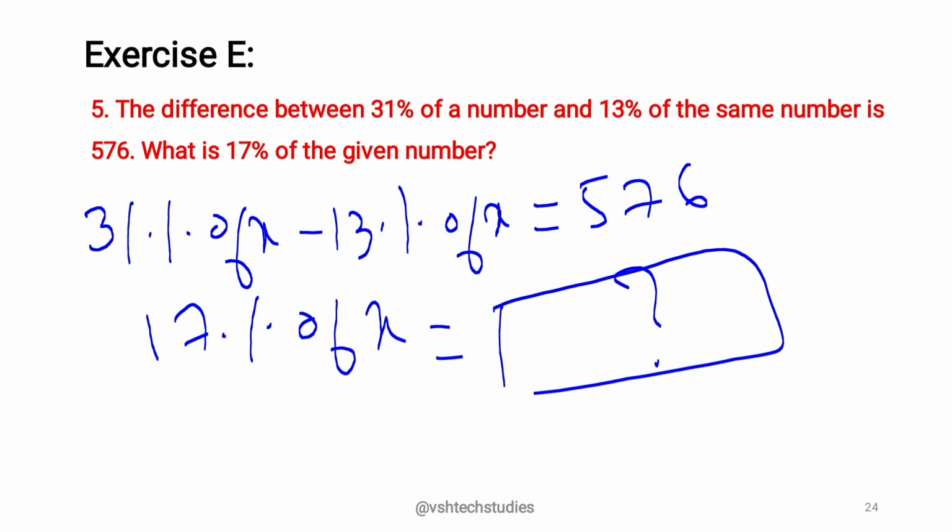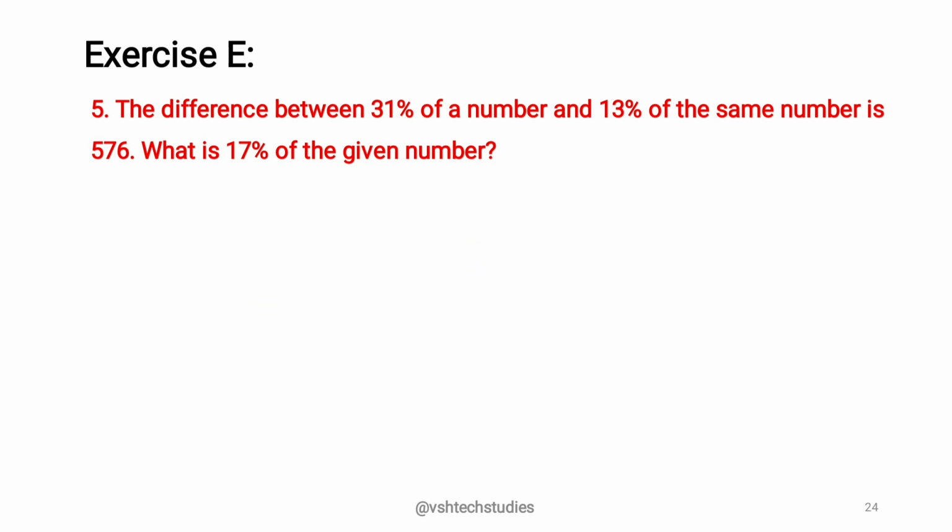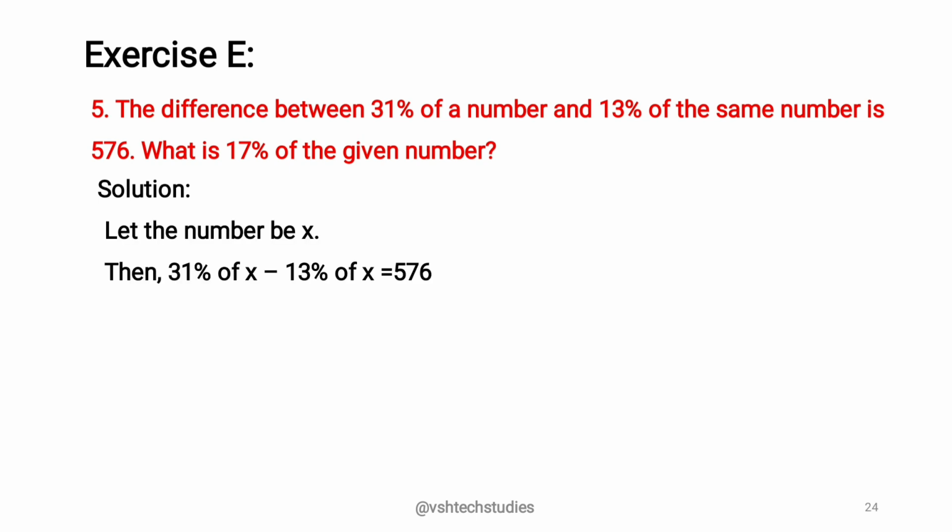Coming back to the problem, if we write the steps involved in analysis, approach and solution of the problem systematically. So solution, let the number be x. 31% of x minus 13% of x. That is the difference between 31% of the given number and 13% of the same number, equal to 576.